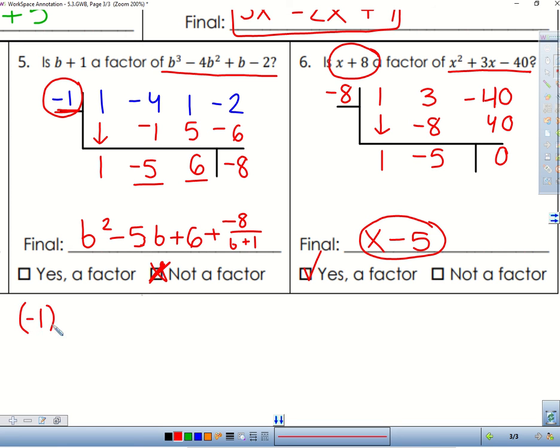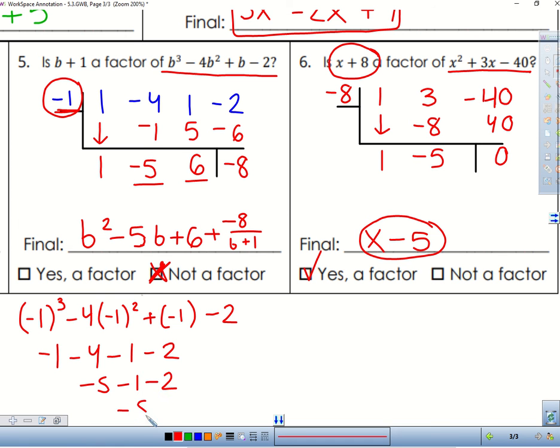So we would do -1 to the third power minus 4 times -1 squared plus -1 minus 2. -1 to the third power is -1. -1 squared is 1. 1 times -4 is -4. -1 minus 4 is -5. Minus 1 minus 2, that's -5 minus 3, which is -8.